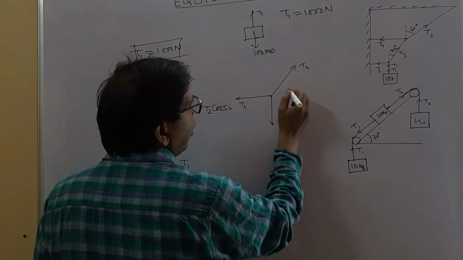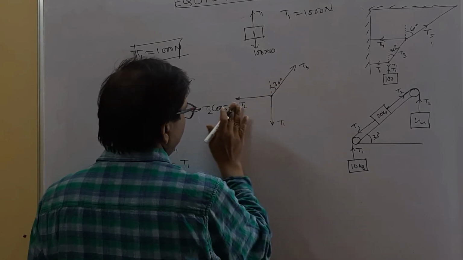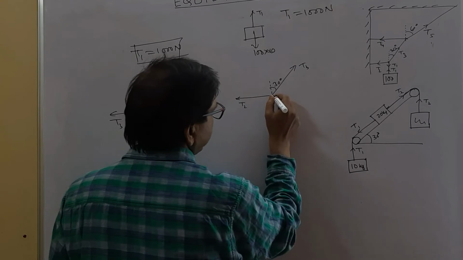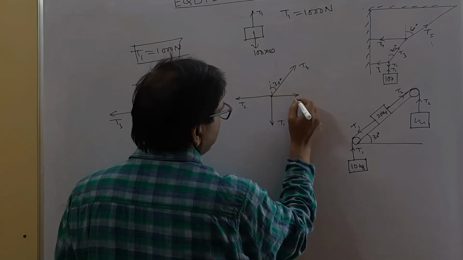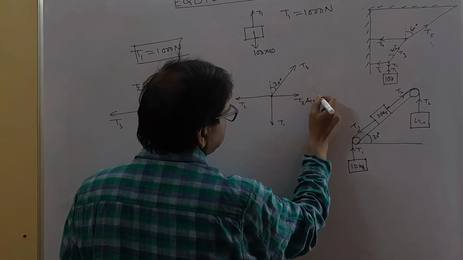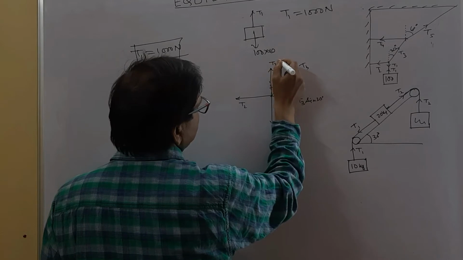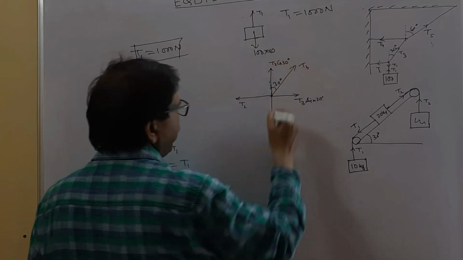Okay, now this angle is 30 degrees. The component of T3 along this direction is T3 sin 30 degrees, and this becomes T3 cos 30 degrees.